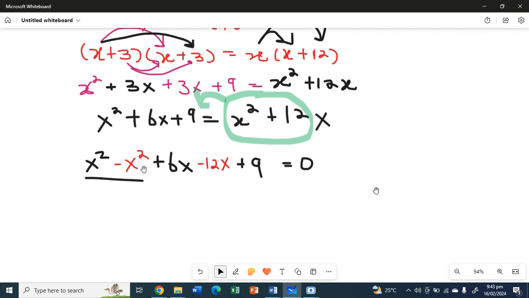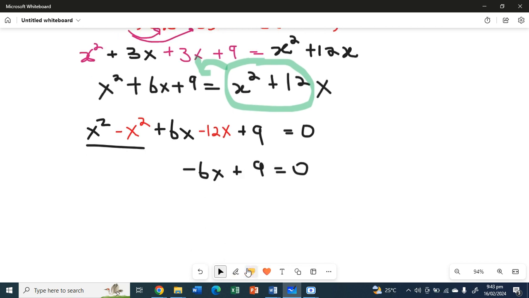All right, so x squared minus x squared, that is 0. 6x minus 12x, that's negative 6x plus 9 equals 0. So we can take this 9 over to the other side. So when it goes the other side, it becomes negative 9 here. So we divide both sides by negative 6.